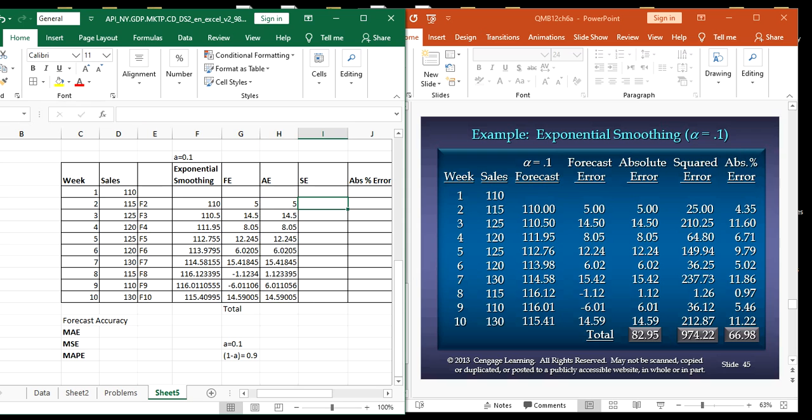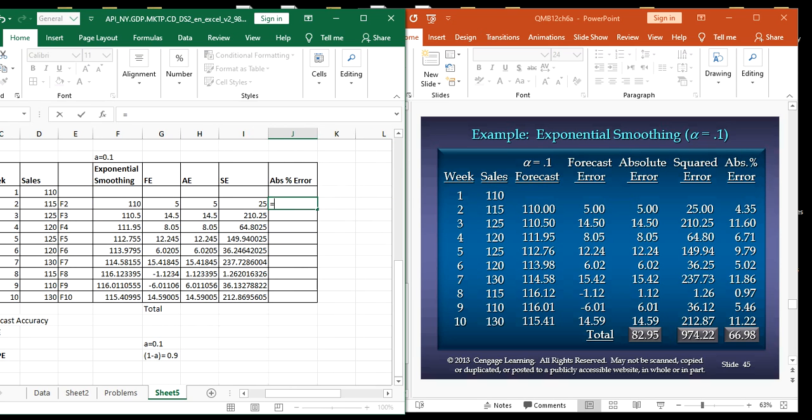Now the squared errors equal the errors to the power of 2, and I'm getting these numbers. Here is the absolute percentage error, which equals the absolute error divided by the actual sale. I'll drag this down too.